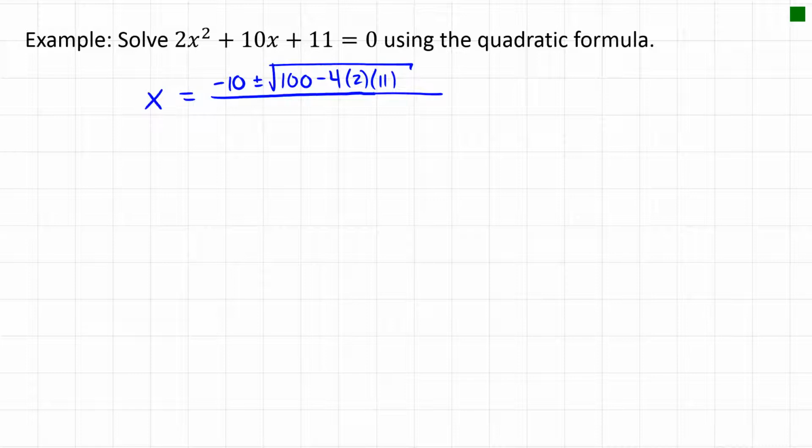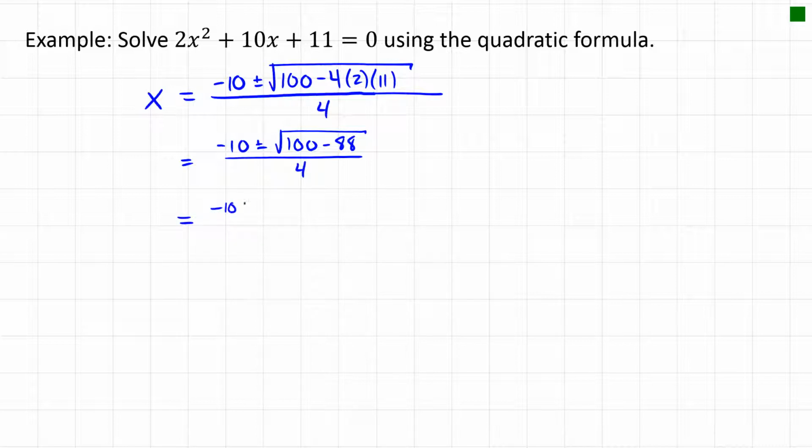All divided by 2a, and 2 times 2 is 4. So you can see I do some steps when they're simple to do, but I don't try to do too many in one place. So I have negative 10 plus or minus 100 minus 4 times 2 times 11 is negative 88, all of which is over 4.